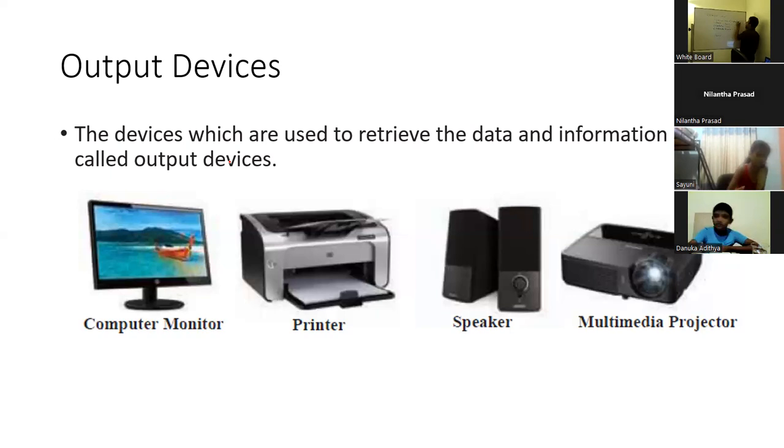Monitor, it is also visual. These are the different forms that they are actually presenting. So monitor, printer, speakers, multimedia projector. They present in visual form, sound or audio form, hard copies, likewise.